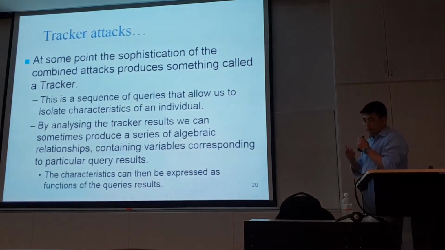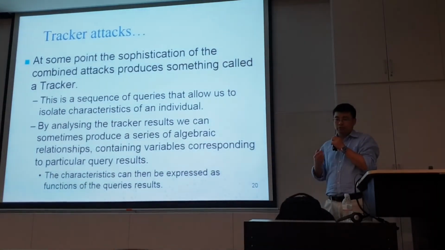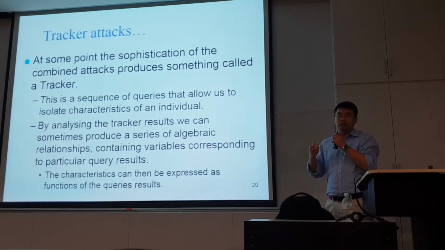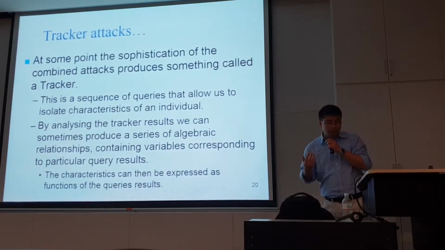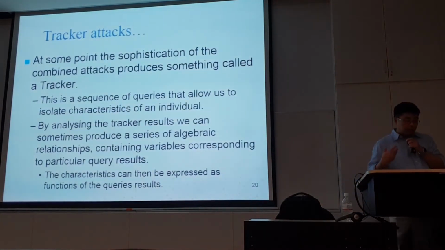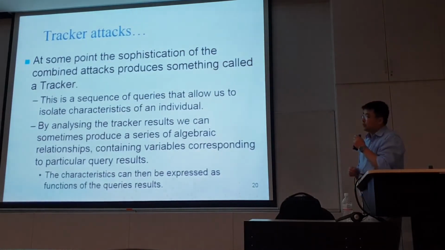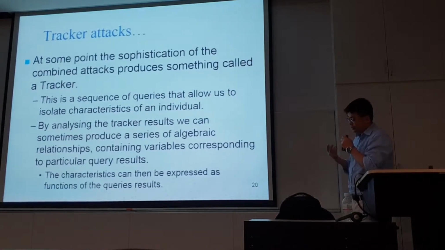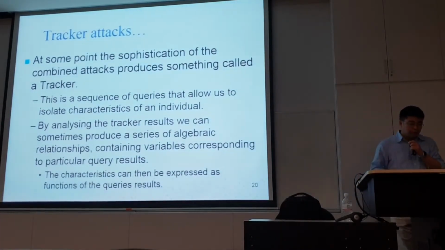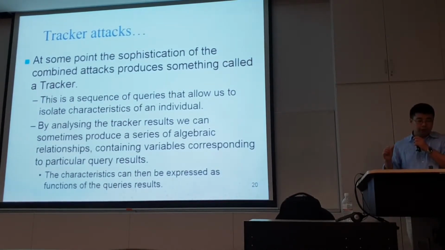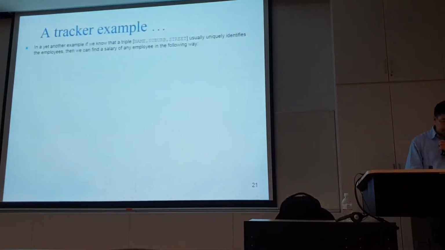We can call queries that allow individual data to be obtained an individual tracker, but then a set of queries that can eventually lead to an individual tracker is a general tracker. So basically, a tracker is something that can be used by the attacker to infer individual information from the statistical information. Right. So we will look at the tracker example.